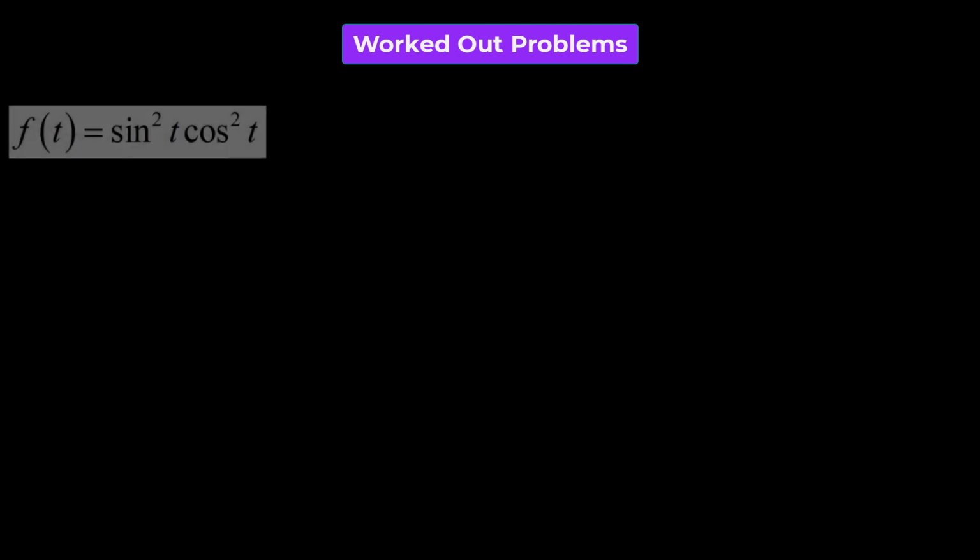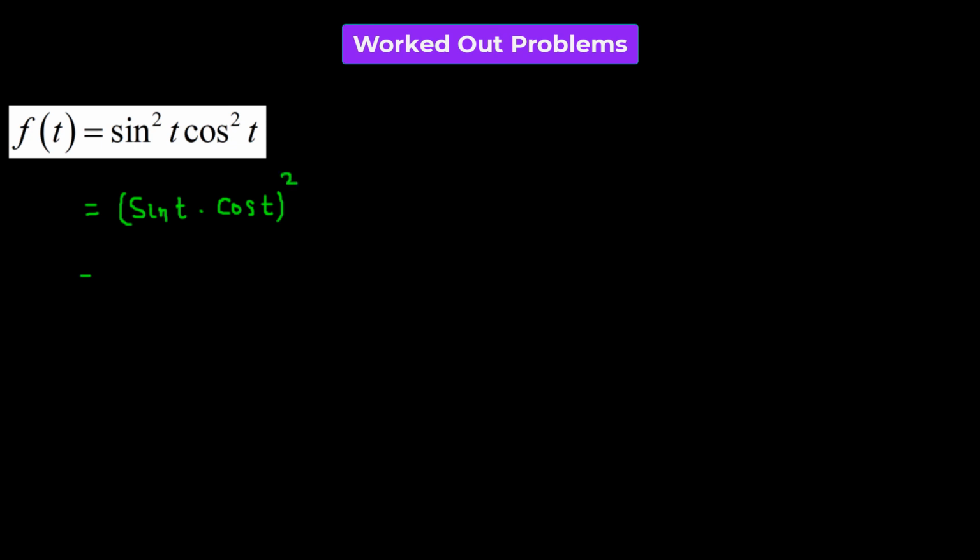Let's do another problem. So we have the function sine squared t times cosine squared t, and we need to find the Laplace transform of the given function. So what we're going to do is first simplify the given function. So we can rewrite it as sine of t times cosine of t, whole squared.